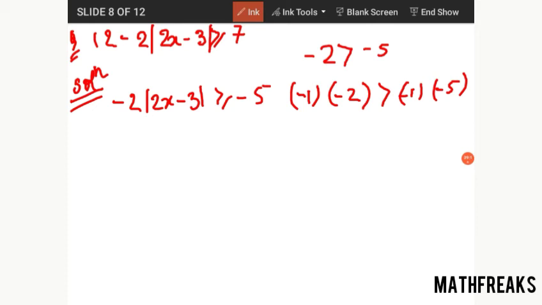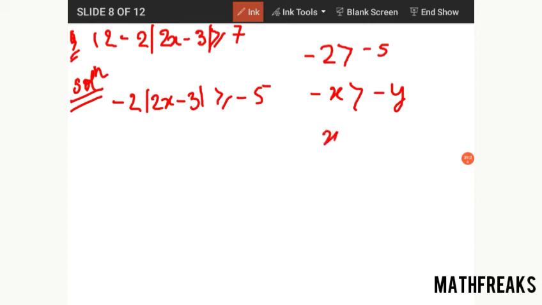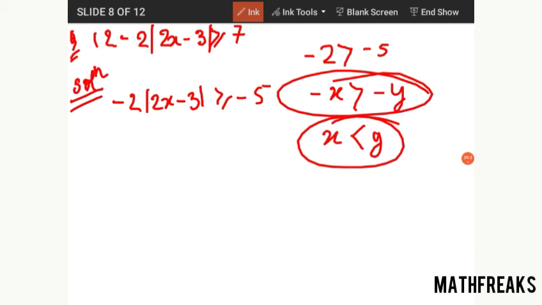Because then we are writing that 2 is greater than 5, which is not true. So if we find an inequality like minus of x is greater than minus of y, we have to change the sign as well. So this will be x is less than y. I hope you understand. Look at this example, relate the things, and you will get your answer.